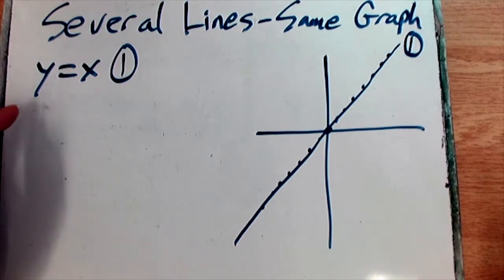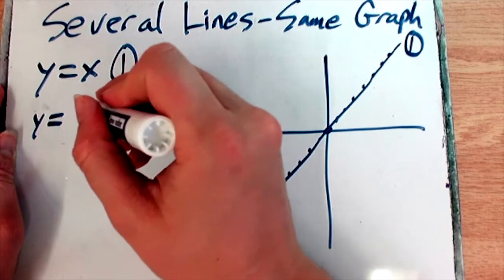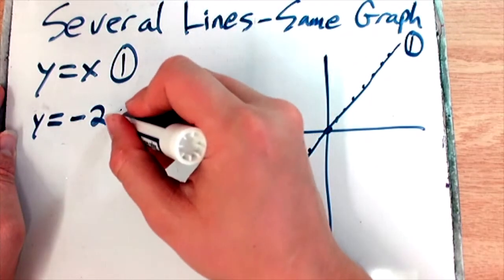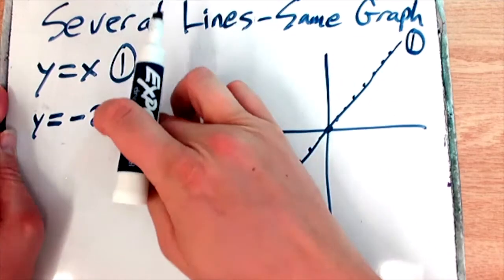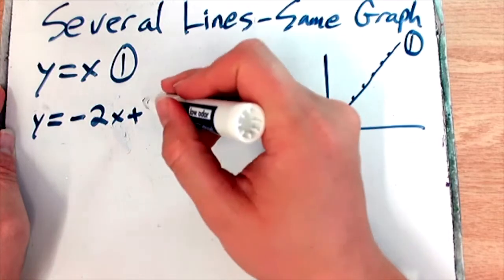Now, second of all, I might have another graph that's like y equals, let's say, -2x plus 4.